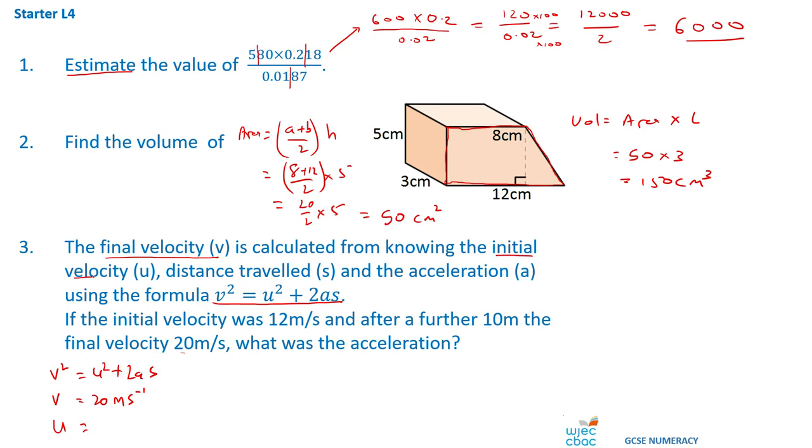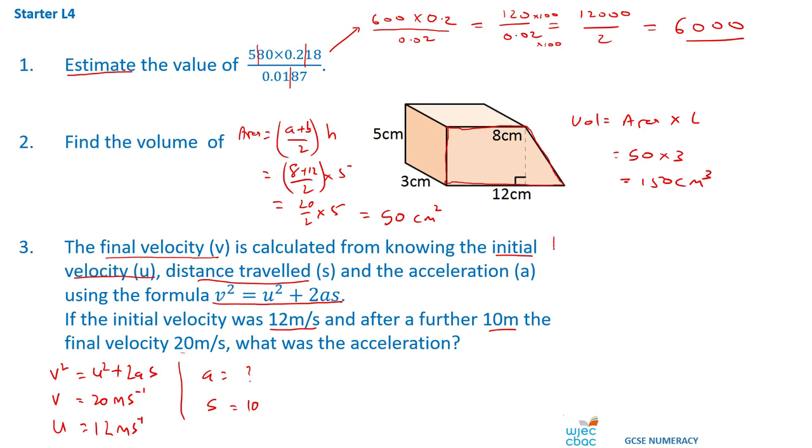Initial velocity is u, and that's given by 12 meters per second. A is the acceleration, which we don't know. So question mark for A. And S is the distance traveled. And the distance traveled in this case is 10 meters.